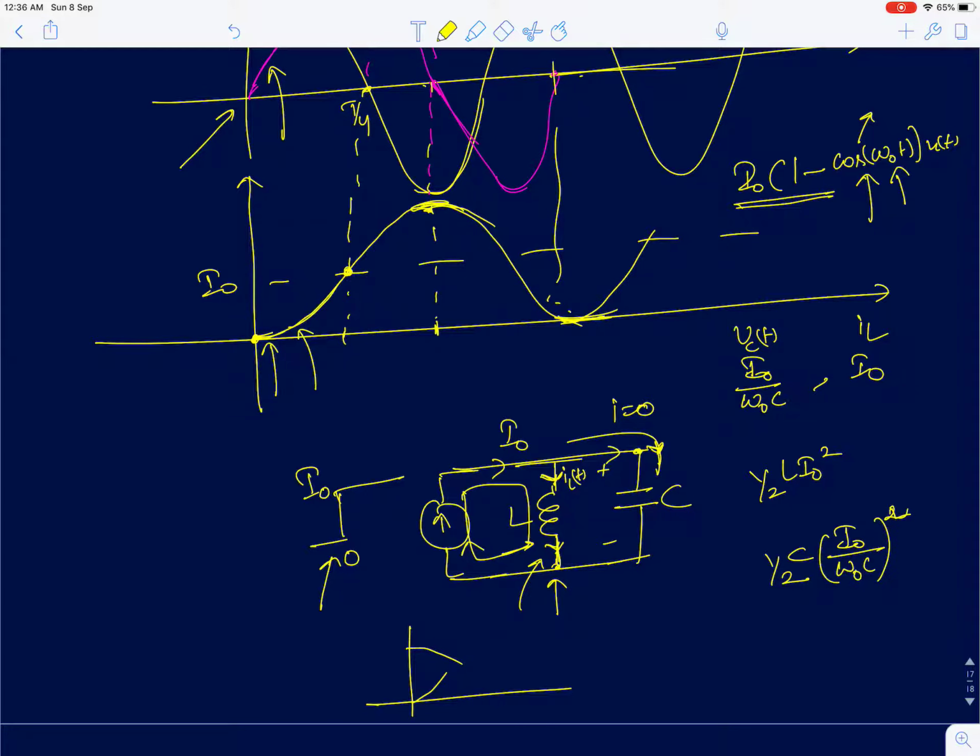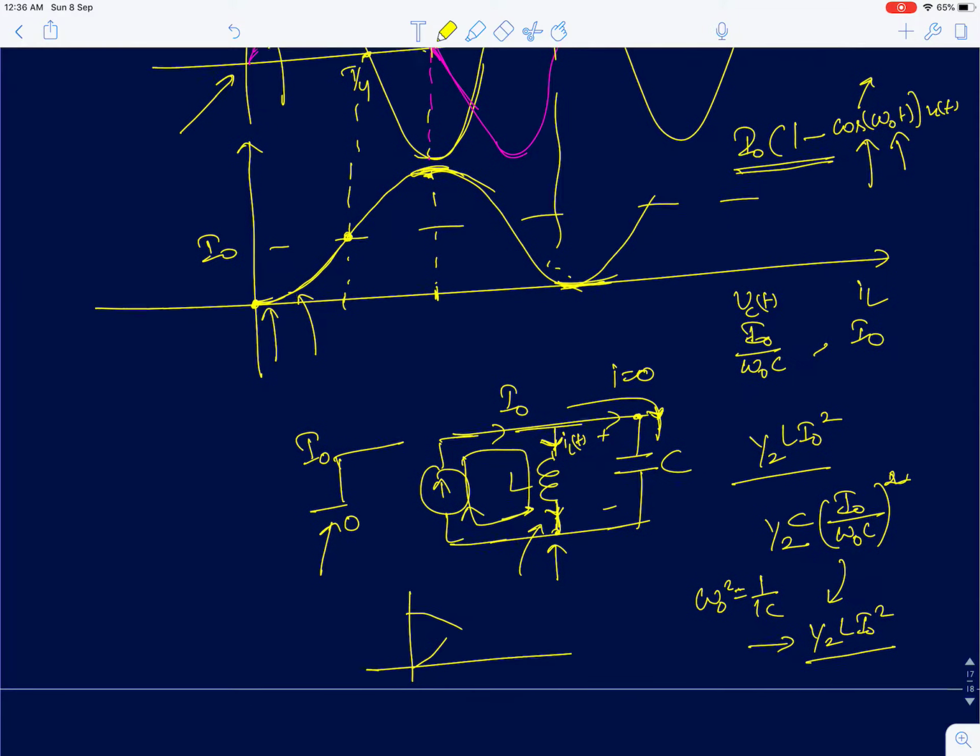And again, using the result omega naught square equals 1 by LC, we can very easily show this is half L I naught square. So both the inductor energy and the capacitor energy are the same, and that's equal to half L I naught square.